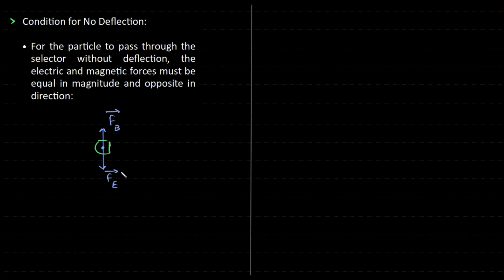As simple as that. The magnitudes have to be the same. For a particle to pass through the selector without deflection, the electrical and magnetic field forces must be equal in magnitude and opposite in direction. You guys agree? If something is more, it will either go up or down. As simple as that. Right? So basically, therefore, the magnitudes have to be the same, so we can equate that.